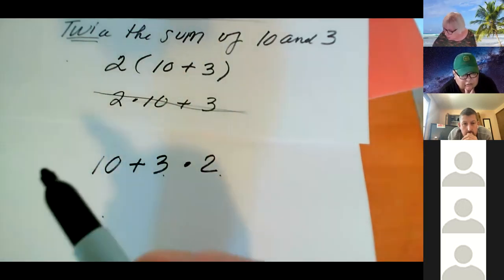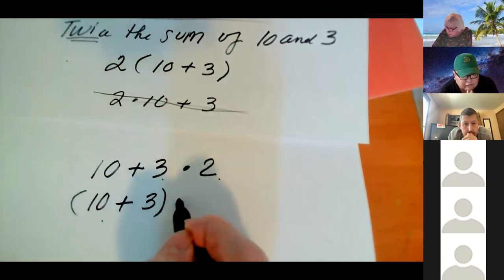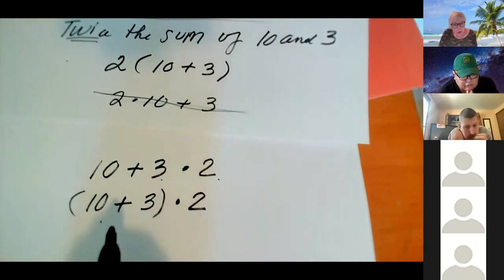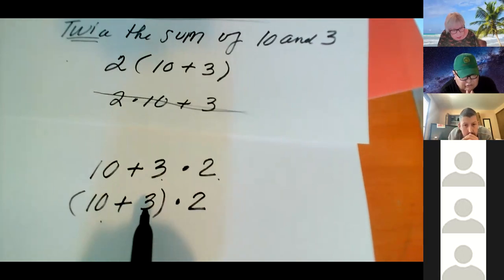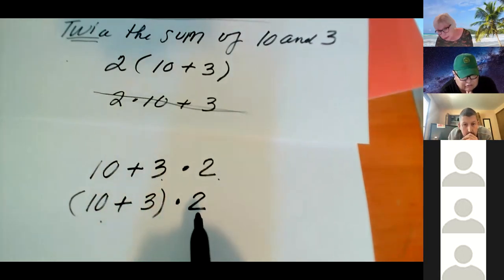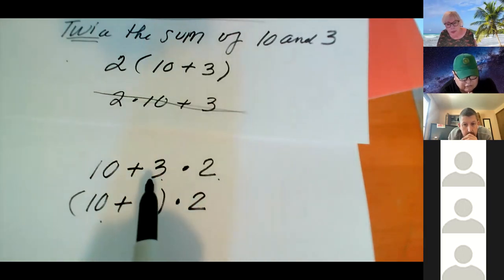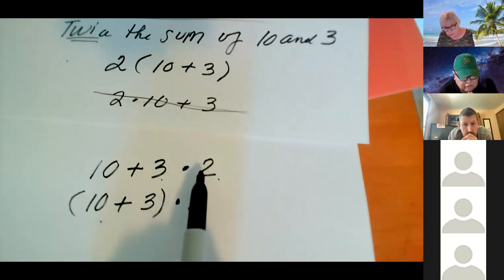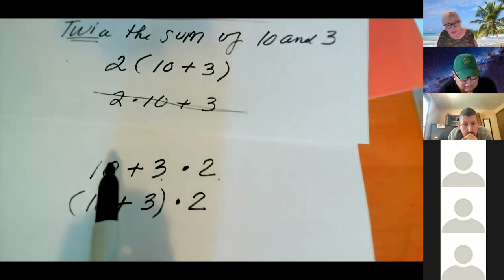So if everybody understood that you were going to add the numbers first, get the sum, and then double it, which is twice, that would be okay. But in this particular scenario, you would be forced to only multiply the 3 times 2, and then the 10 wouldn't get doubled.